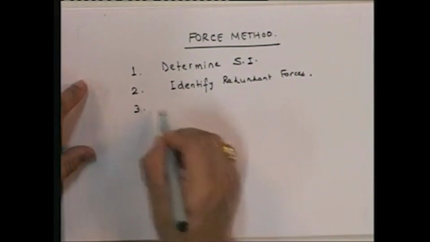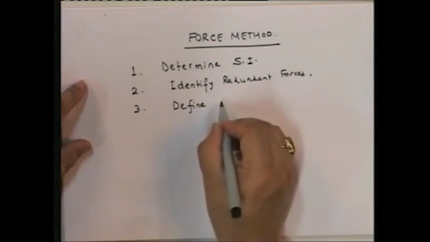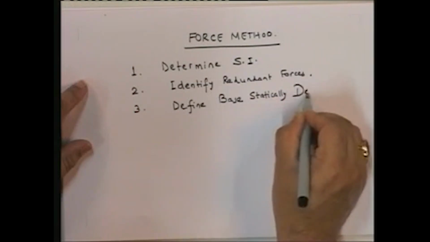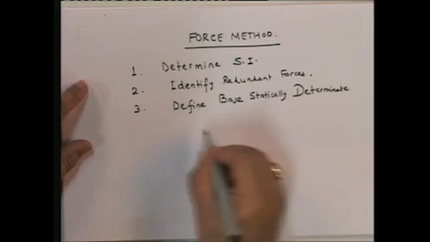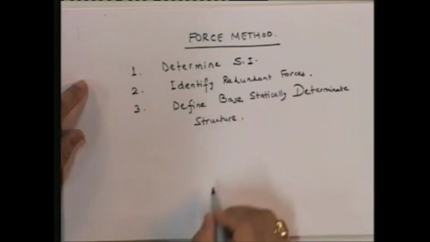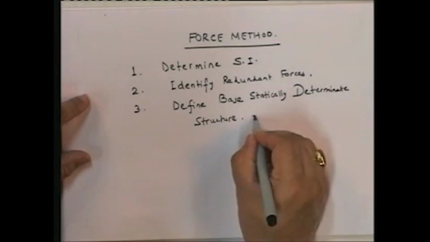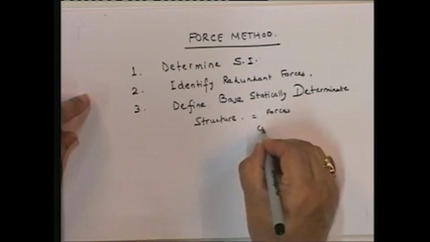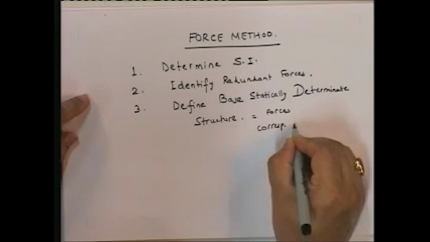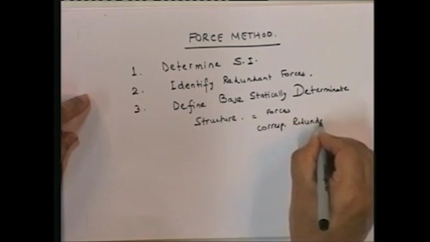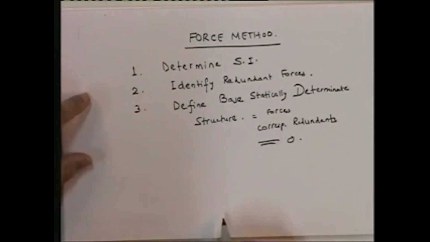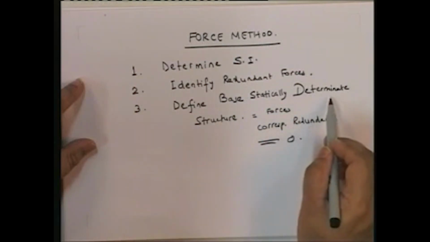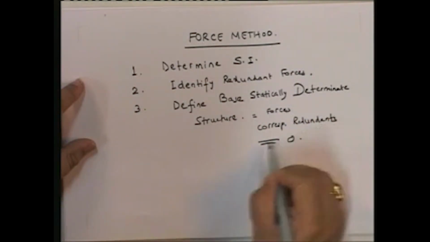In other words, we are going to define a base statically determinate structure in which the forces corresponding to the redundants are equal to 0. So that is the reason why we identify the redundant forces, so that we can define a base statically determinate structure in which all the forces corresponding to the redundants are equal to 0.